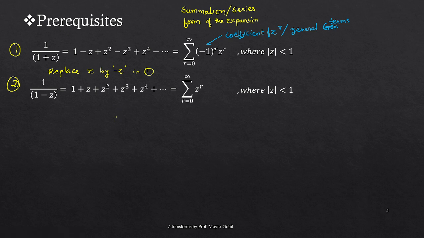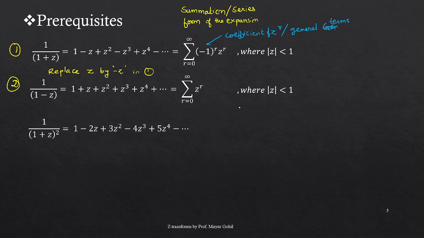That's it, we don't have to do much more. And you can see now that minus 1 to the power r will vanish because everything is positive. So summation r going from 0 to infinity z to the power r is the series over here, where mod z is less than 1.